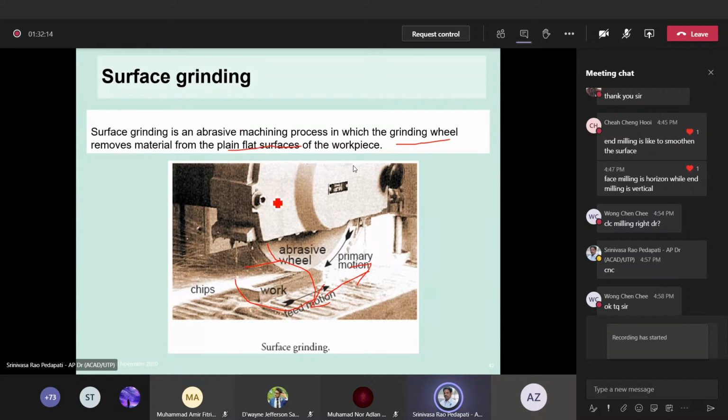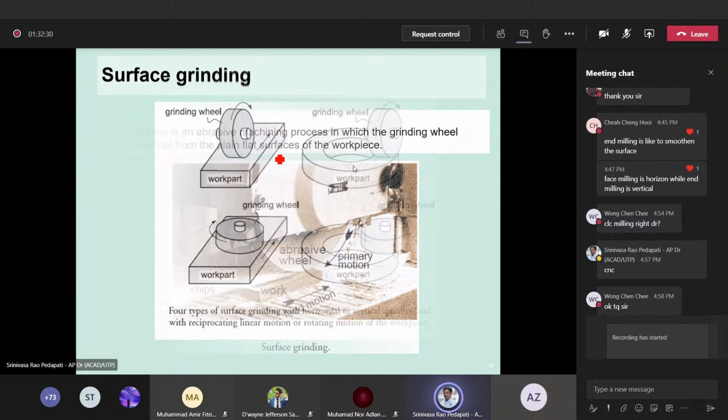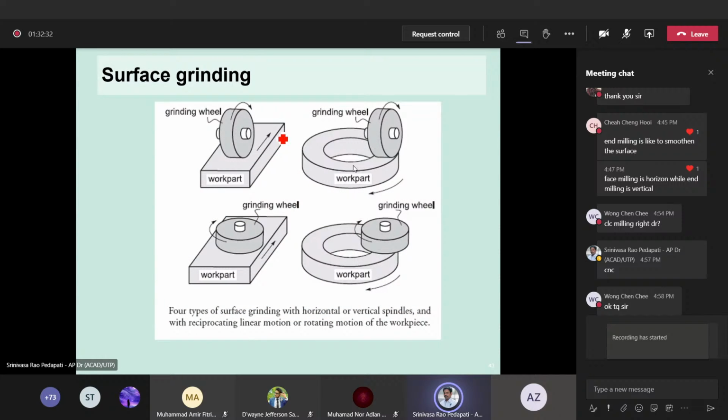So surface grinding means making a grinding or abrasive machining operation on a flat surface. So that is clear. Surface grinding is to machine flat surfaces. Obviously, cylindrical grinding is as I said previously.